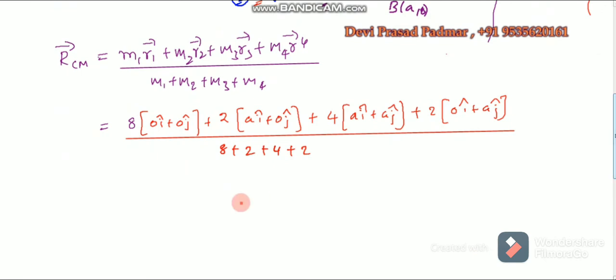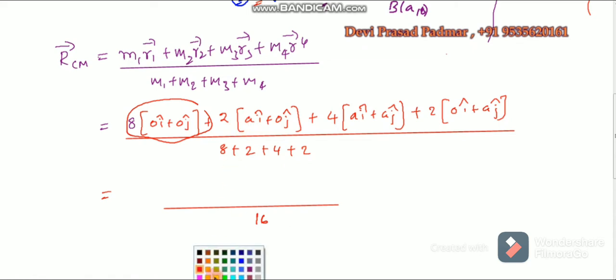So just simplify this, remove the bracket, and in the denominator you will get 16, right? And this will be 0. So here 2a i cap, and here 4a i cap.